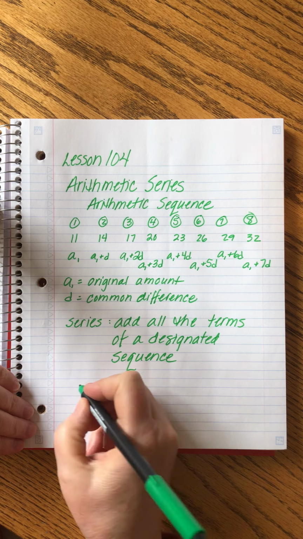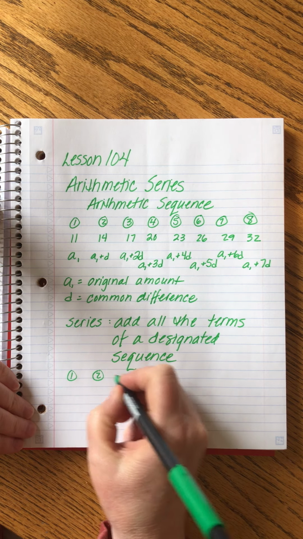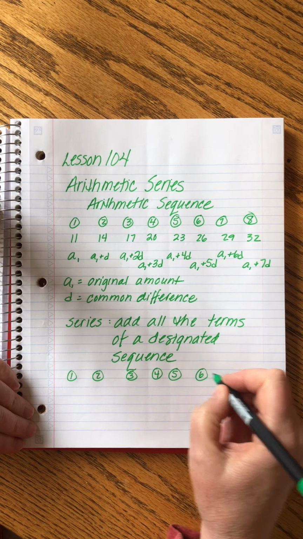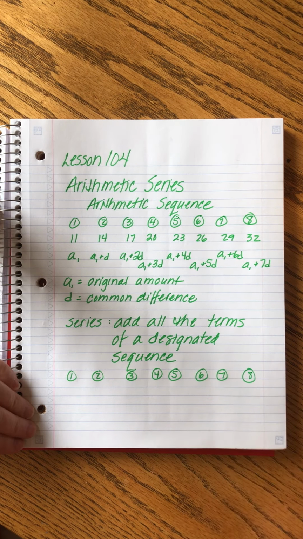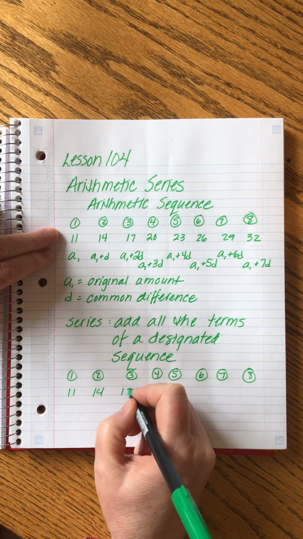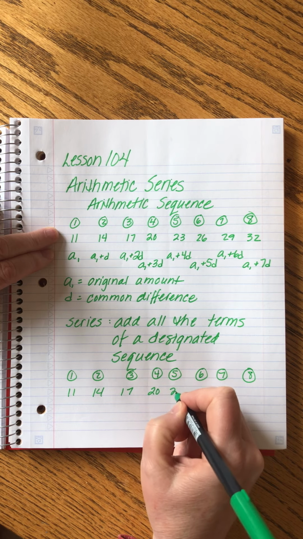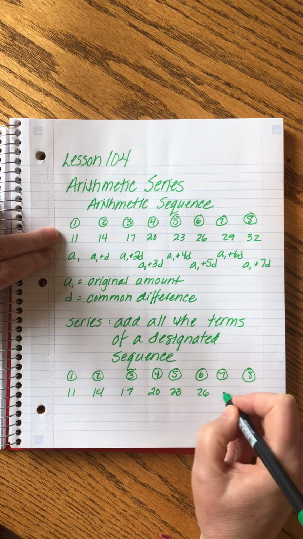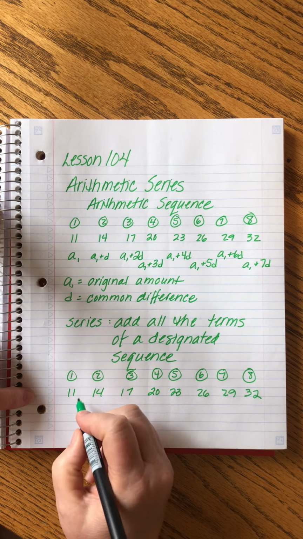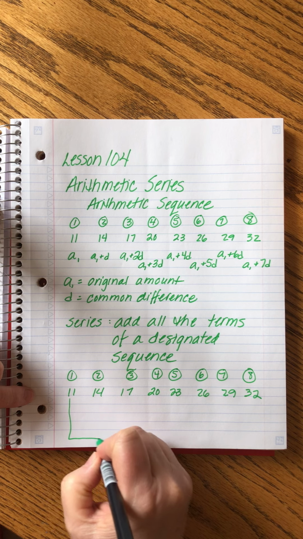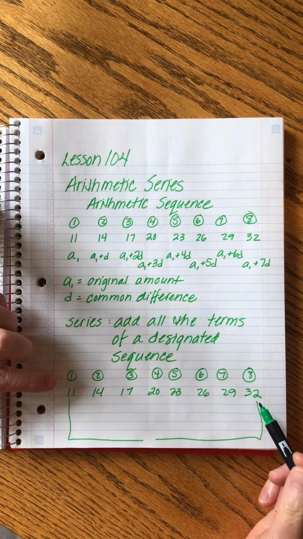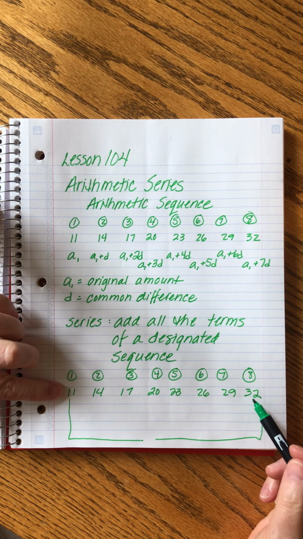I'm going to rewrite the sequence down here because I'm going to draw on it. Okay, there are 8 terms, and then 11, what we're going to do is we're going to start by adding the first and last terms of the sequence. 11 plus 32.